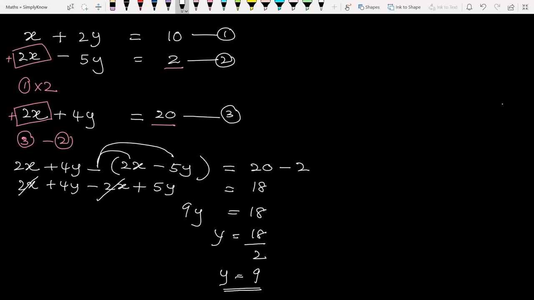y equals 2. Now let's find the value of x. So I'm going to substitute y equals 2 into the first equation.